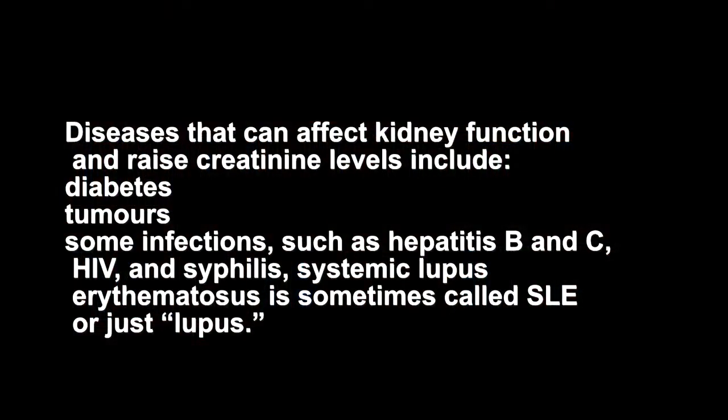Diseases that can affect kidney functions and raise creatinine levels include diabetes, tumors, some infections such as hepatitis B, C, HIV and syphilis. Systemic lupus erythematosus is sometimes called SLE or just lupus. A doctor will recommend treatment if a person has high creatinine levels due to a kidney disorder. Diet and lifestyle changes may also help.